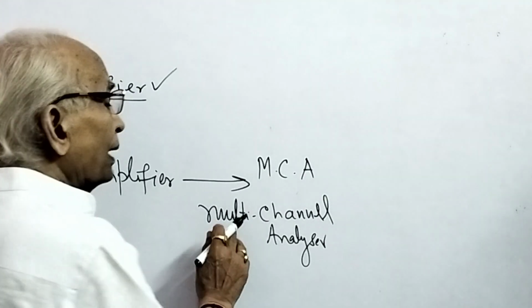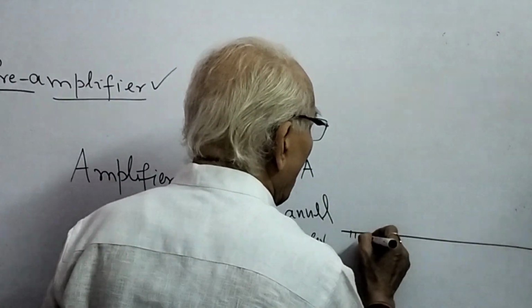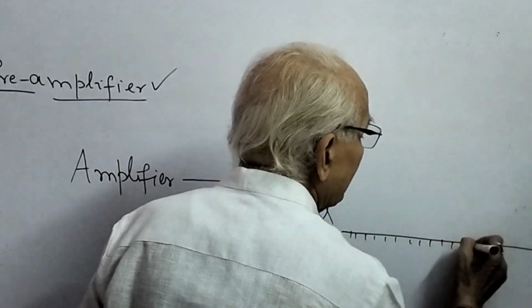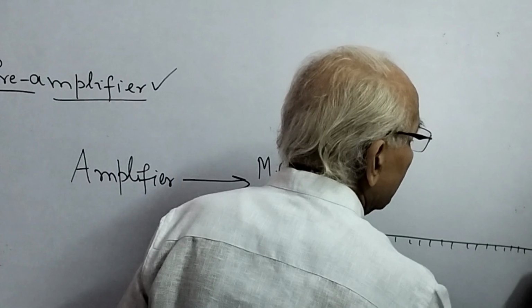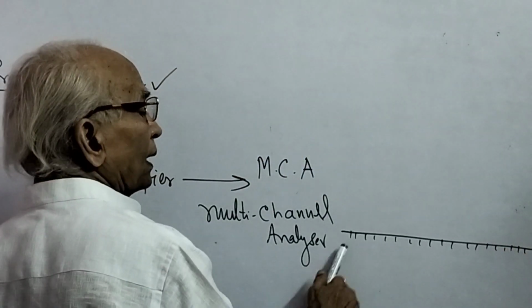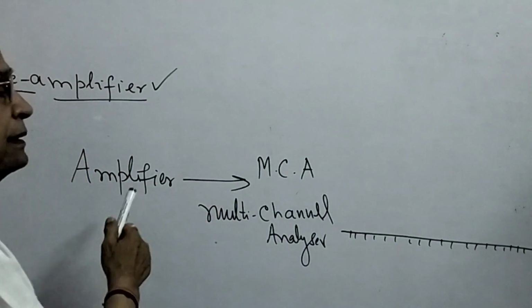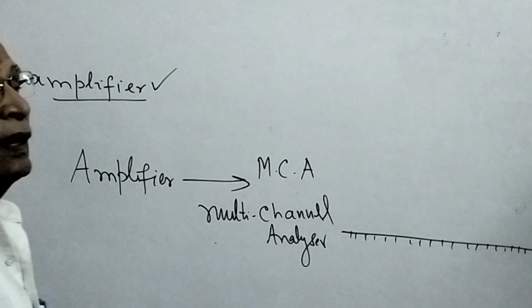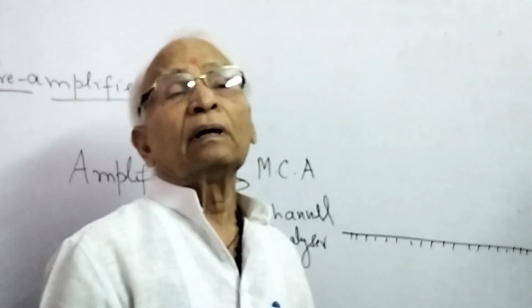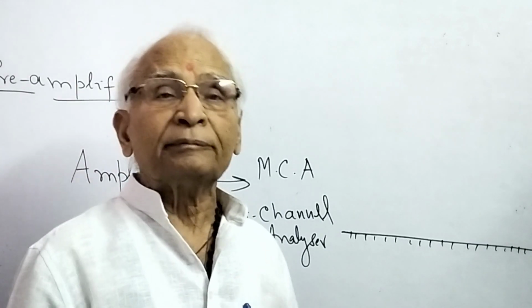So multi-channel means that at one time you can count all these pulses in our laboratory, suppose 4096 channels, each channel giving you one pulse. Earlier we had a single channel, so each channel was counting one pulse at one time. So we were taking suppose 1 hour or 2 hours in counting our whole spectrum.